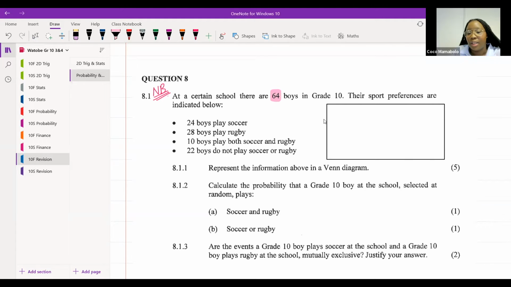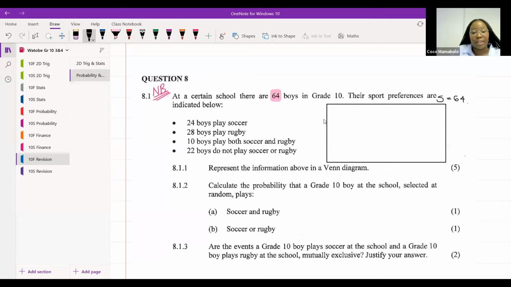Our what? The word starts with an S. Give you guys a hint. Correct. It's our sample space. Well done. Or we can also call it our sample size because we're looking at 64 boys. So excellent. This is going to be S equals 64. Sample space. Well done.